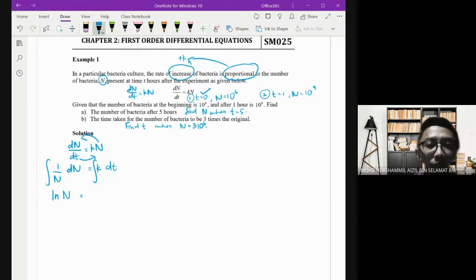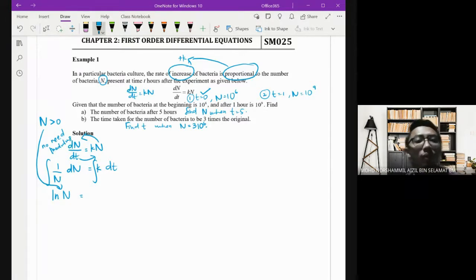Why no need to put modulus? Because n always increasing. In this case, your n will never be negative. N tu sentiasa positif in this case. That's why no need modulus. So dekat sini no need modulus. Saya tulis no need modulus, because n always positive. Dah benda tu positif, nak bubuh modulus buat apa?